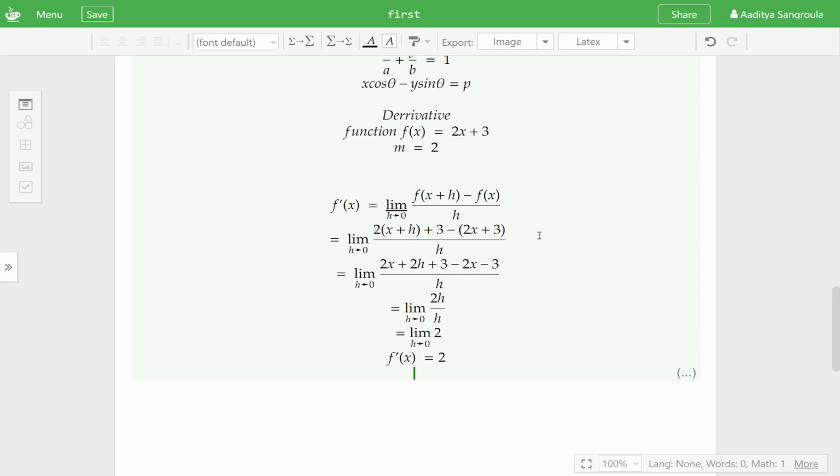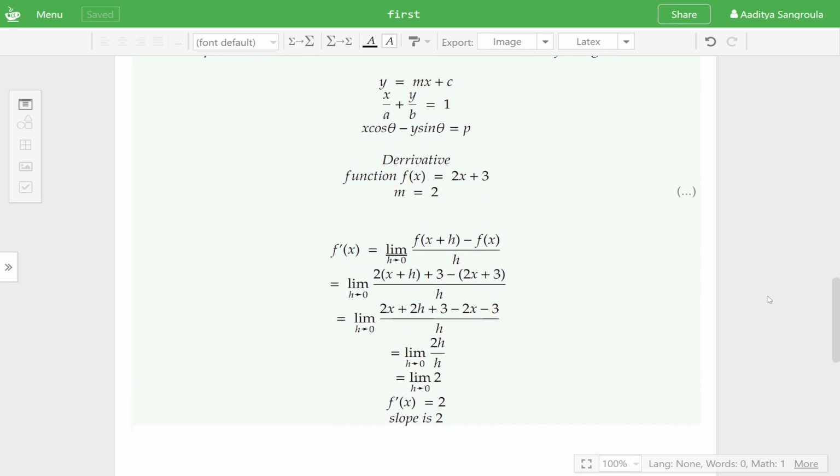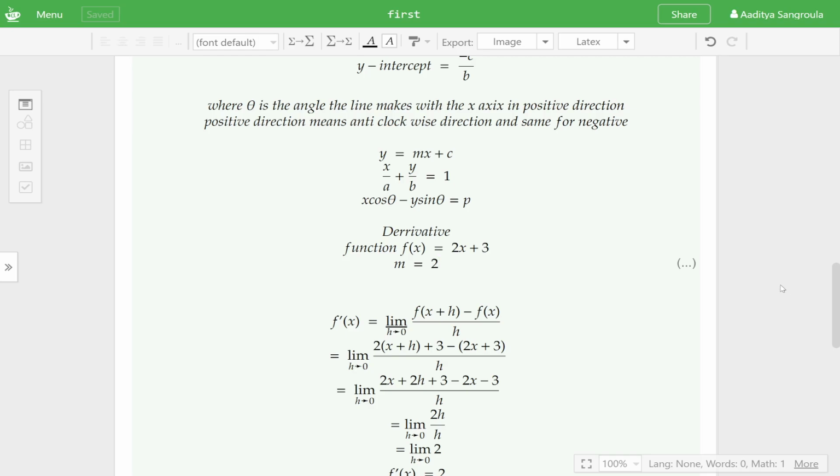This is 2, so the derivative of the function is 2, and the slope of the function using normal methods is also 2. So this means we have successfully calculated the derivative of a straight line using the first principle.